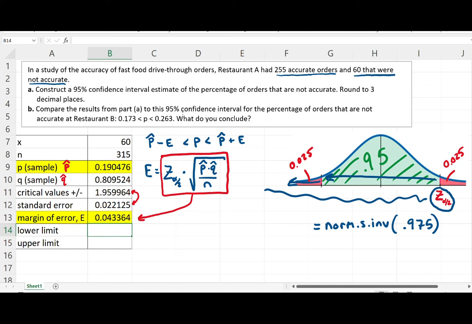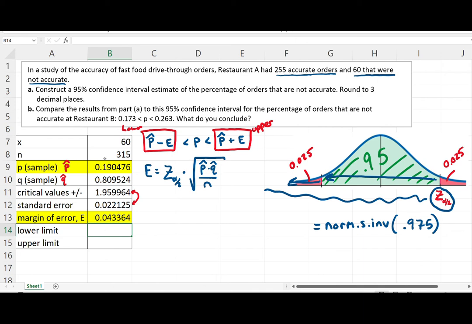So lower limit, upper limit. So that's what I'm talking about up here. This is the lower limit of our interval, and this is the upper limit of our interval. So the lower limit, we take the sample proportion minus the margin of error.